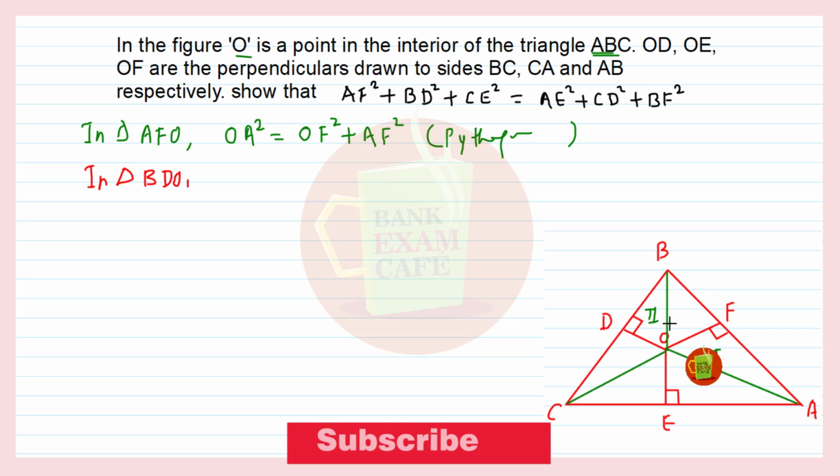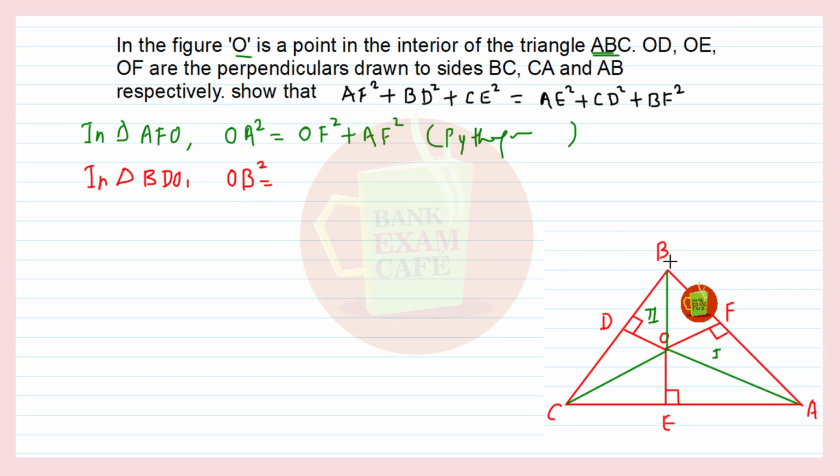So the square of the hypotenuse, that is OB square, is equal to the sum of the squares of the other two sides, that is BD square plus OD square, and the reason will be the same, Pythagoras theorem.